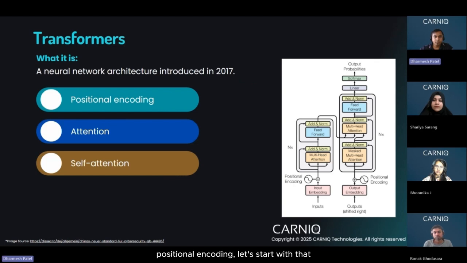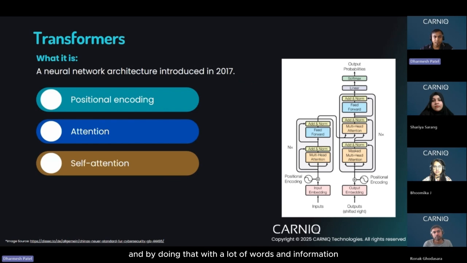Position encoding, let's start with that. Let's say we are trying to translate text from English to Hindi, and you take each word of your sentence. Before you feed it to the neural network, you also feed it numbers starting from 1 to 3, depending on at which place the word is in the sentence, along with the word.